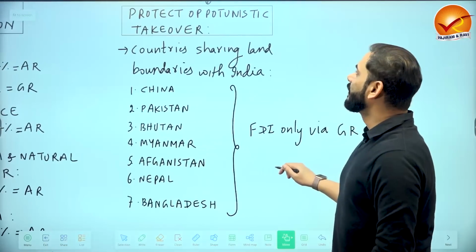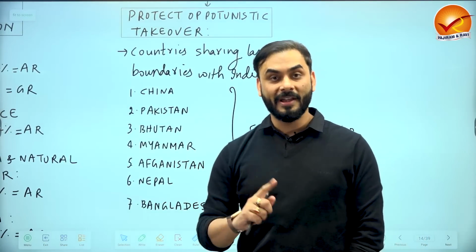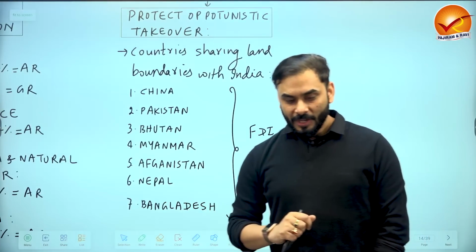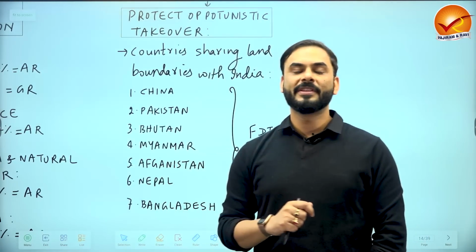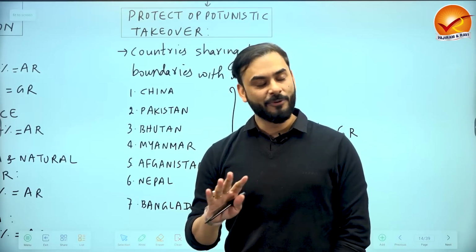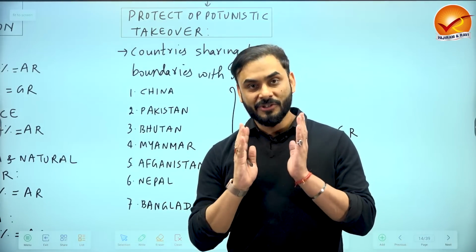Now let us look at the other type of reform that has happened in the field of foreign direct investment. This is very crucial. Let me tell you the context and the story. When COVID started, there were many factories and companies that were shut. They could not perform well. Why? Because they were not getting raw materials, there was a strict lockdown.